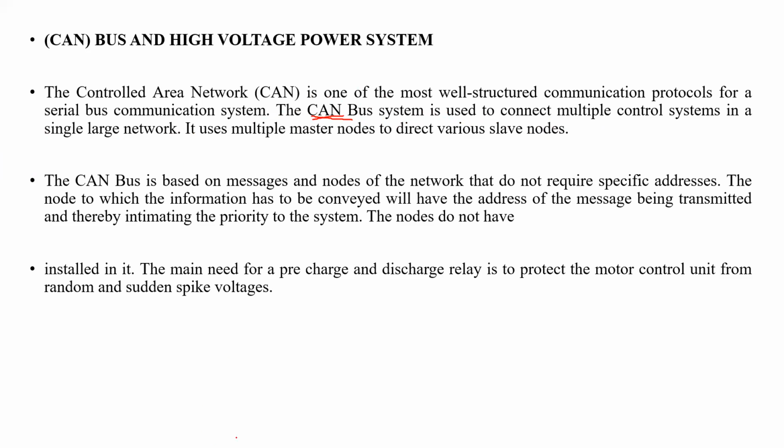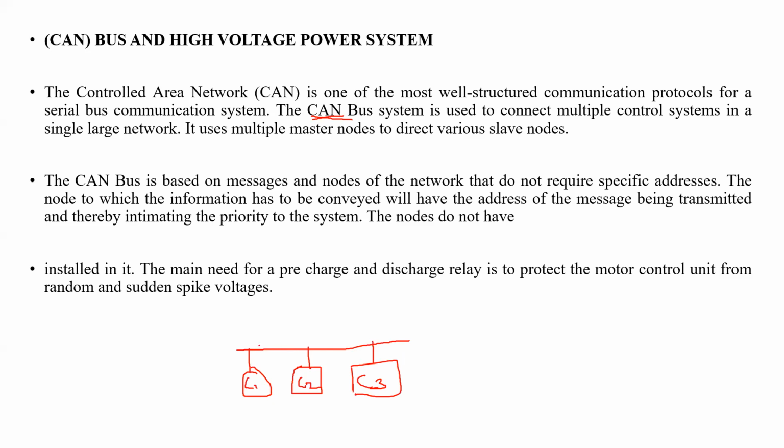So for example, we are using multiple control systems. This is control circuit 1. Okay, this is control circuit 2. And this is control circuit 3. So whatever number of controlling circuits we are using, all these control circuits should be connected to one common bus.